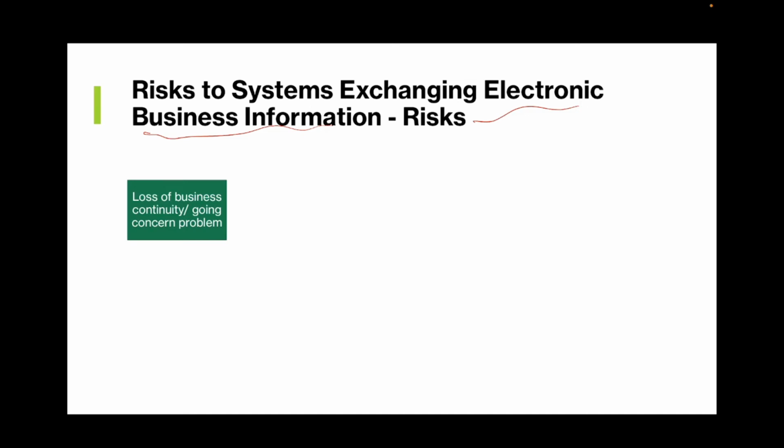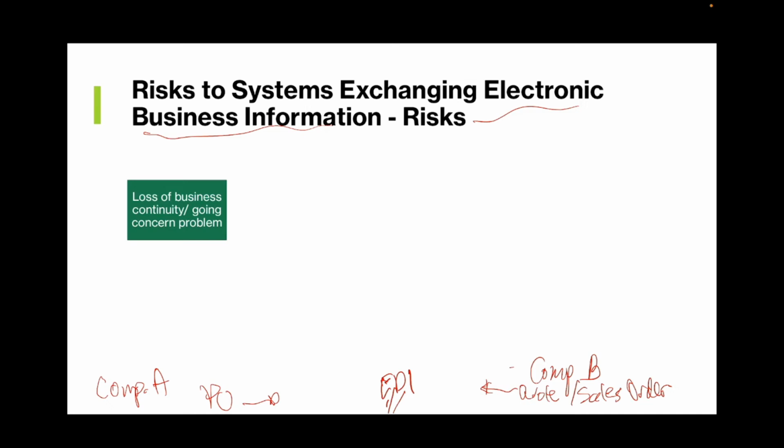For example, instead of your company A sending a PO to company B, and then company B sending back a sales order, that manual process is omitted and replaced with the computers communicating. The EDI is just entered into the application system of company A, which is connected to the software of company B. When it receives the PO, it will automatically create a sales order within the system, and then the other associated parts will continue.